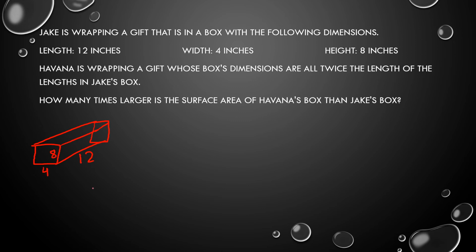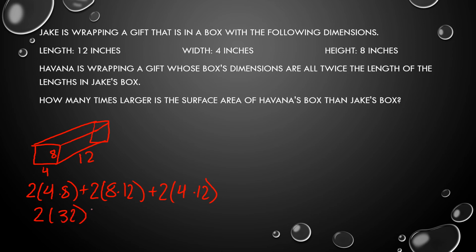So that means that there are going to be 2 sides that are 4 by 8, 2 sides that are 8 by 12, and 2 sides that are 4 by 12. Okay. And when we multiply all of these, this would be 2 times 32, 2 times 96, 2 times 48.